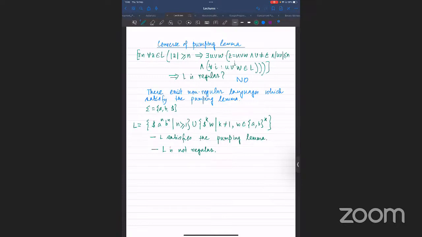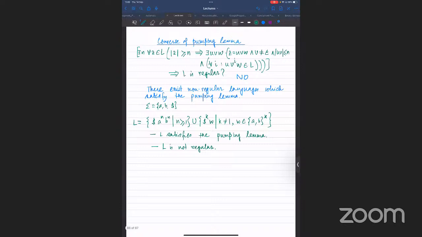So I'm giving you this language L. How can you show that L satisfies the pumping lemma? What is your V? What is the pumping string? V is dollar. So you can choose your word such that your V is dollar.